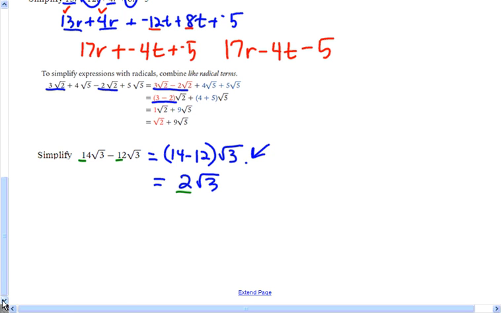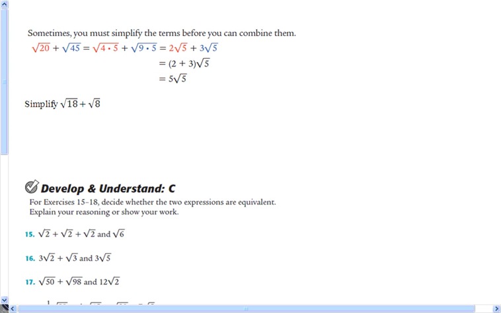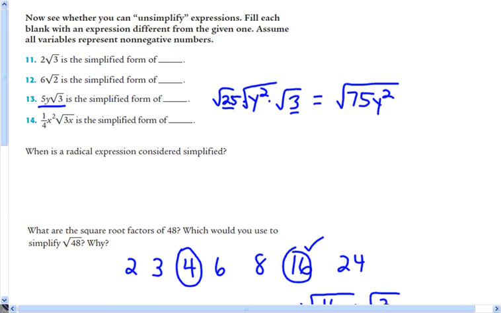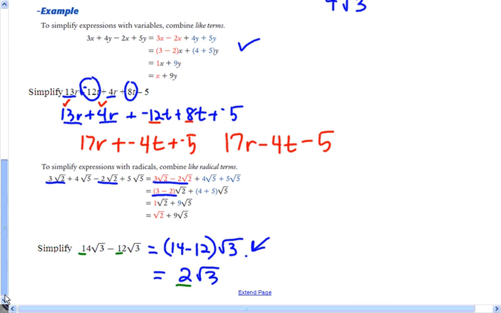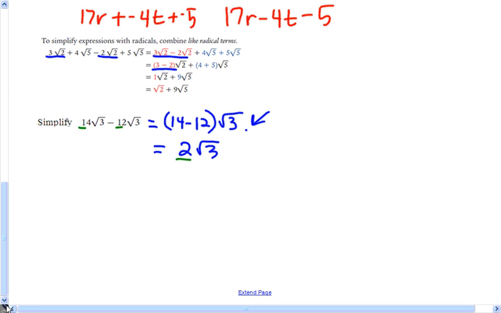All right, let's do a couple of those problems. Maybe I'll do one more example first. Let's say we have this: square root of 2 plus 3 times the square root of 5 minus 8 times the square root of 2.